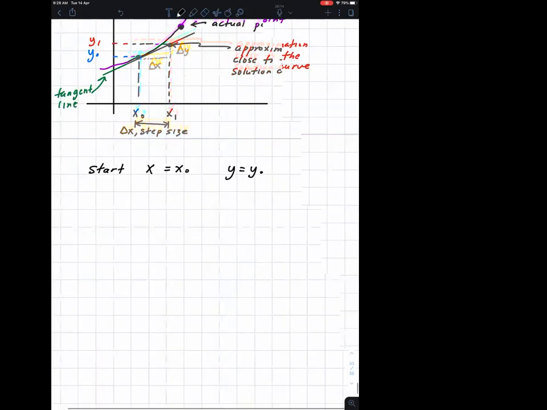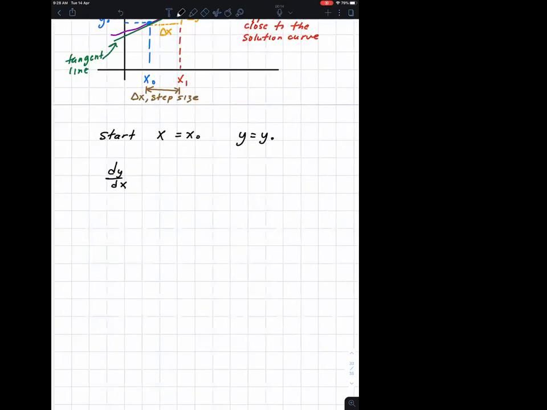Given the differential equation, you can call this differential equation f(x,y). This differential equation is just the slope of a line, and it's also called f(x,y).